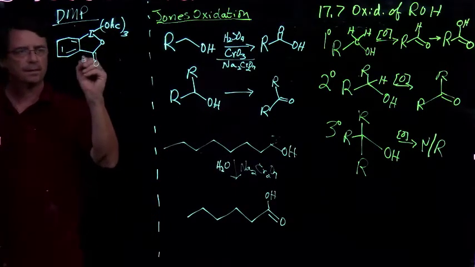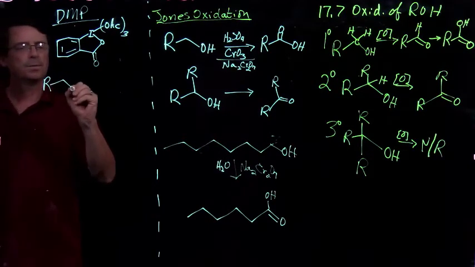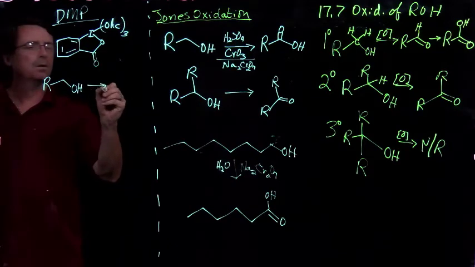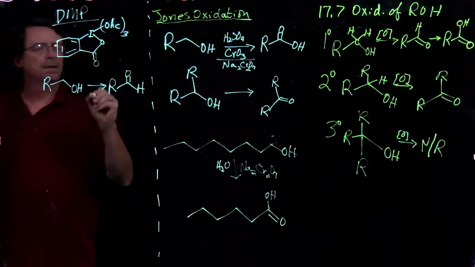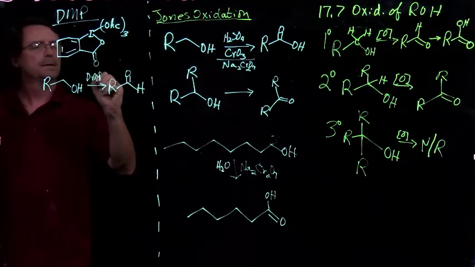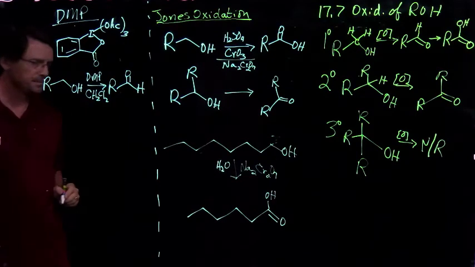So with DMP, we can convert, in particular, a primary alcohol to the aldehyde. Typical solvent for this is methylene chloride. Okay?